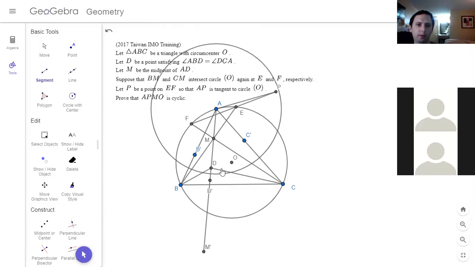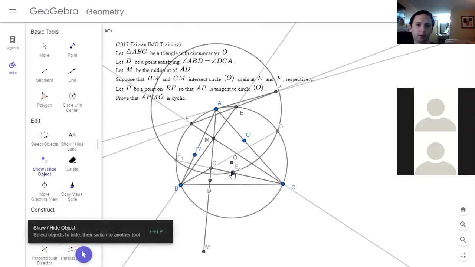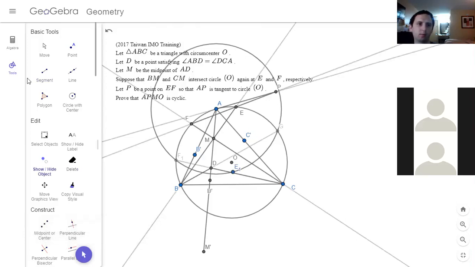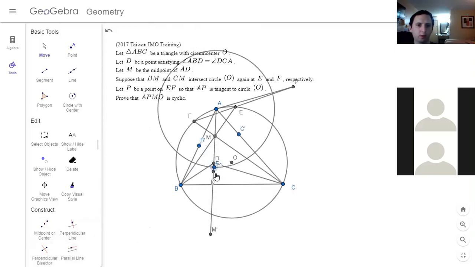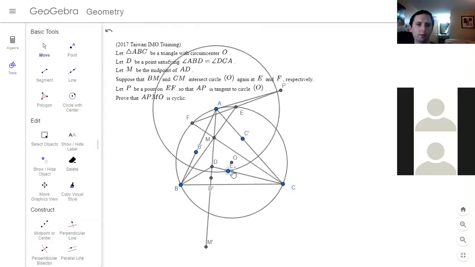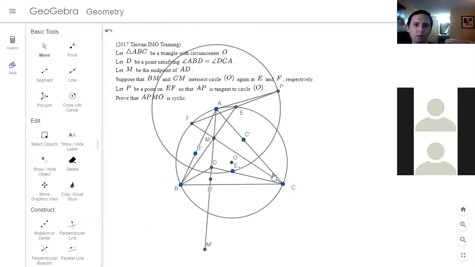Yeah, maybe like, because we can choose what we want the radius of this circle to be. So we could make it pass through D or O, right? Oh no, because D, well, I guess we could choose the radius of inversion. So it doesn't have to be this circle.